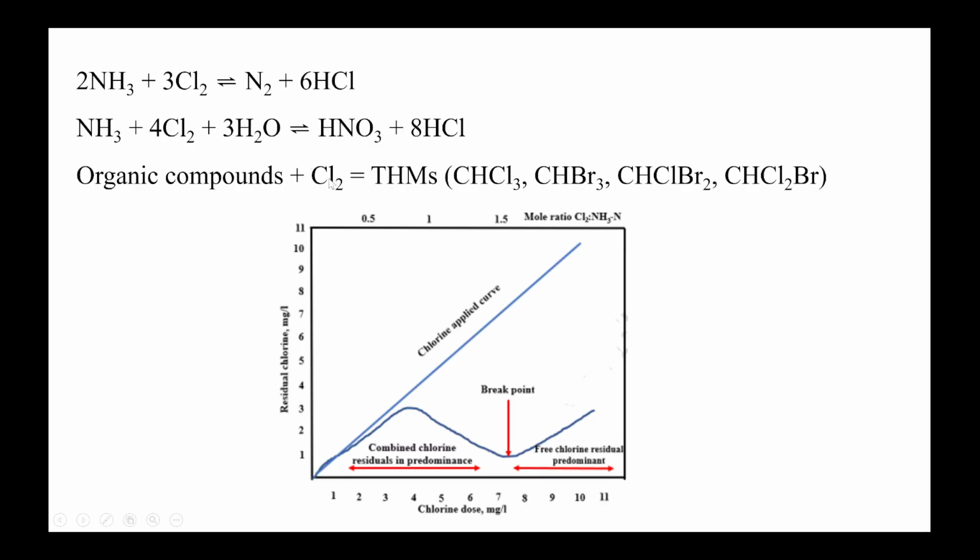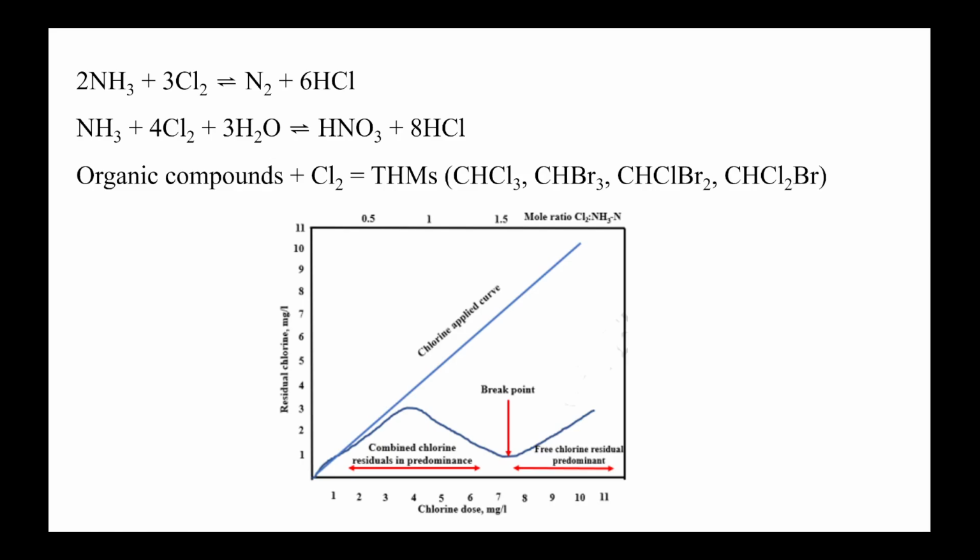Organic compounds can react with chlorine to form trihalomethanes, where the halogen, which is this chlorine, will get attached to the organic compounds. So organic compounds are composed of carbons and hydrogens, right?